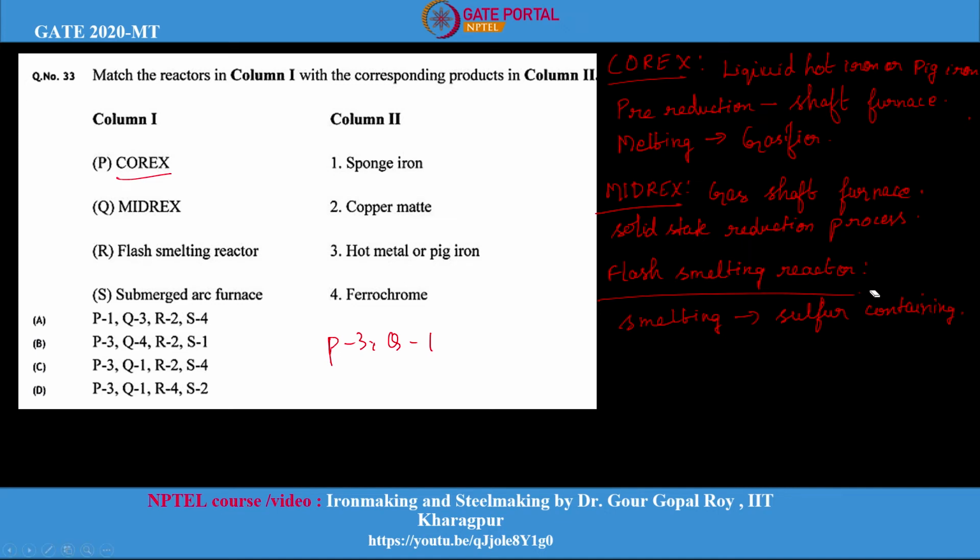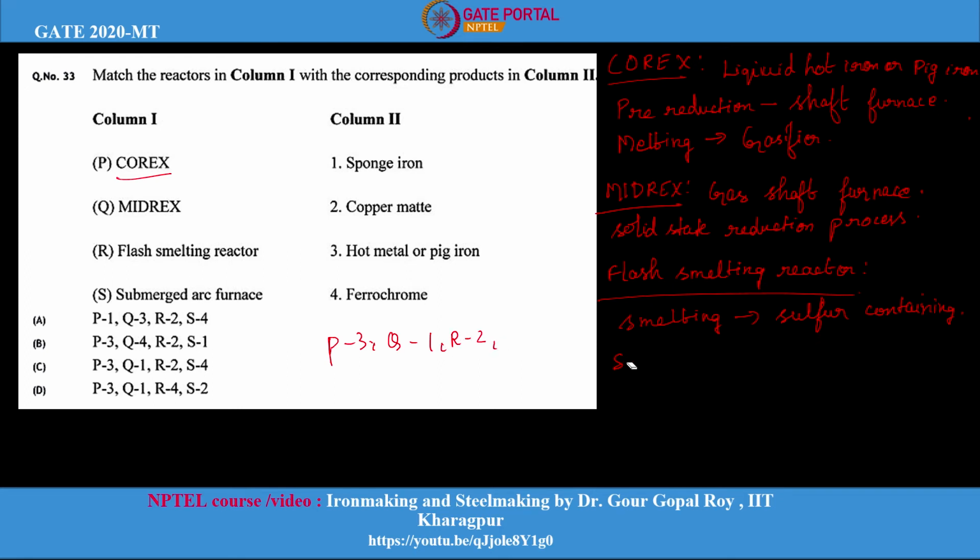It is an autogenous process which uses the oxidation of sulfide in an unroasted charge to supply the heat required to reach reaction temperature and melt the feed material. So one of the sulfur containing products in this question is copper matte. So R corresponds to 2, which is copper matte.